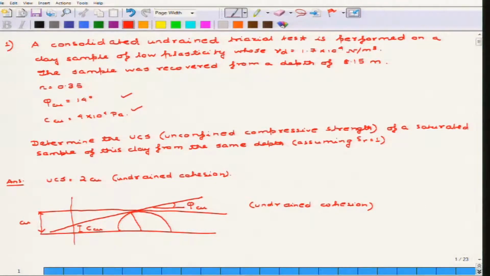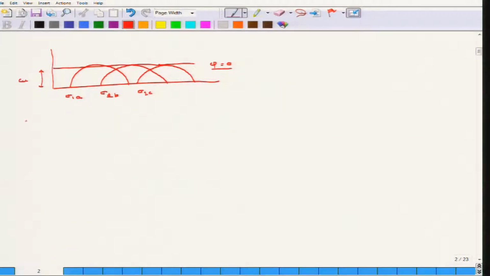Now you have to derive the expression for Cu from the given Ccu and phi Cu. Now you have to know at first what happens during a consolidated undrained test. So during a consolidated undrained test, the first process that occurs is consolidation. Now during the process when consolidation occurs, the consolidation pressure is same throughout the test.